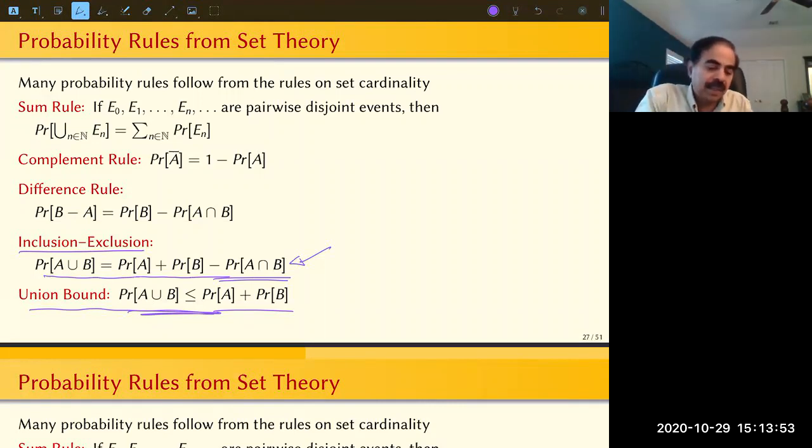Here we are subtracting something and that's not being subtracted here, so essentially the right hand side we have made bigger, therefore this equality is now going to become less than or equal to, right? So there is this simple way of deriving all these rules from what we already know about set theory.